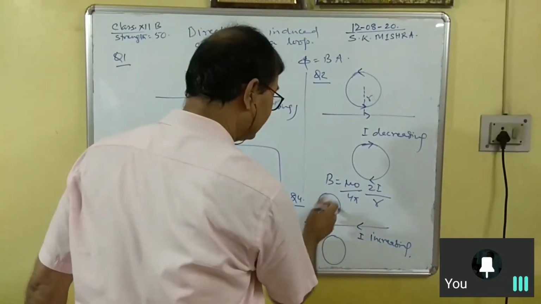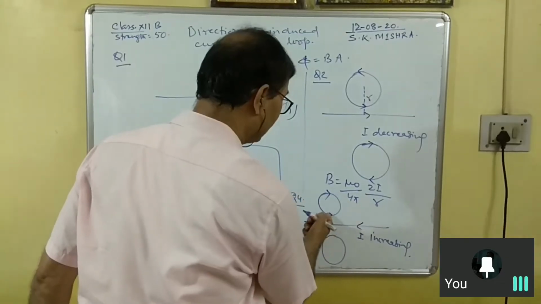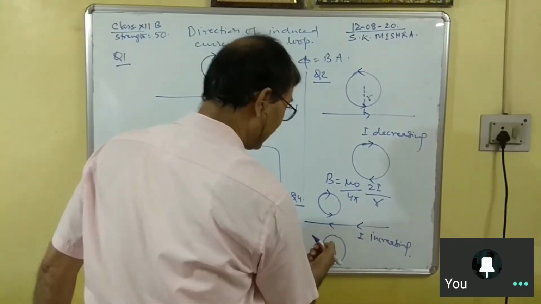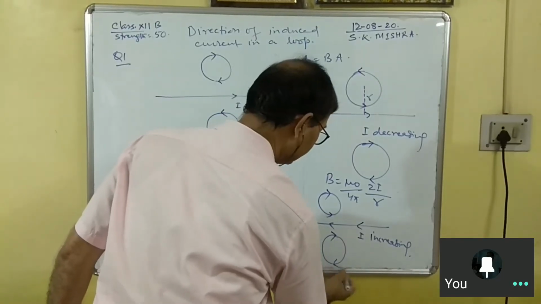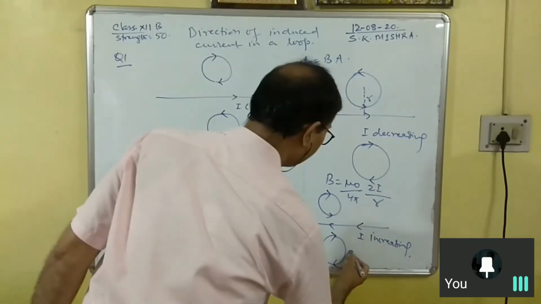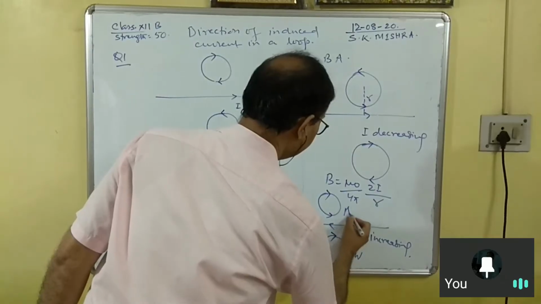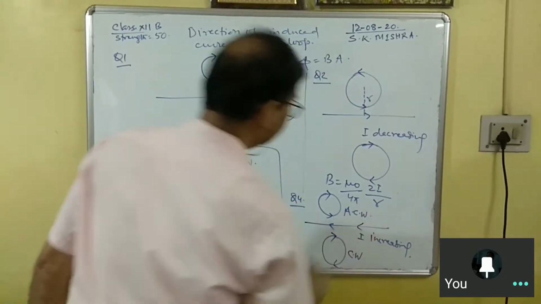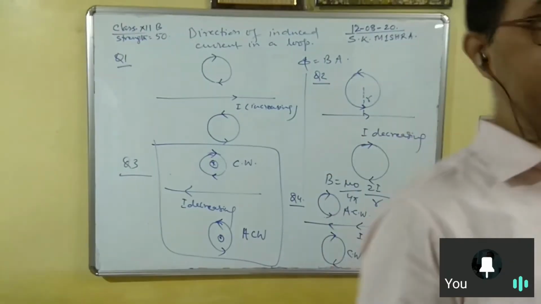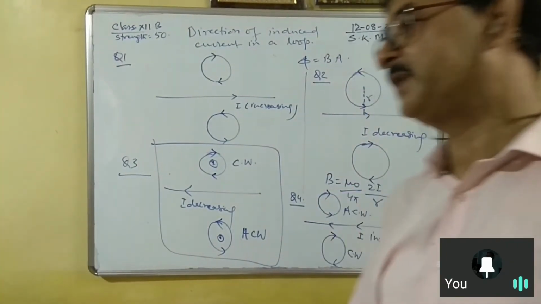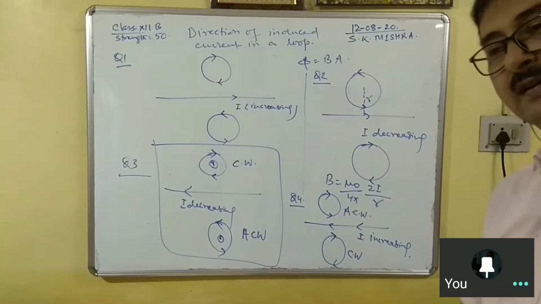So the current in the loop will be such that it will oppose this current. And what about this? So this is clockwise, this is anti-clockwise. So these four examples are enough to make it comprehensive. I think you don't have any doubt. Clear? Everything is clear?